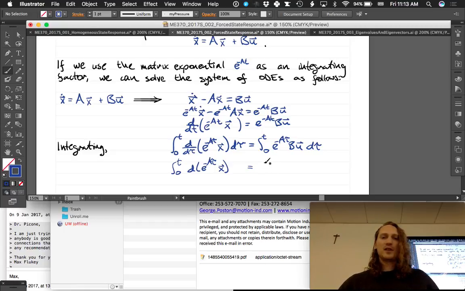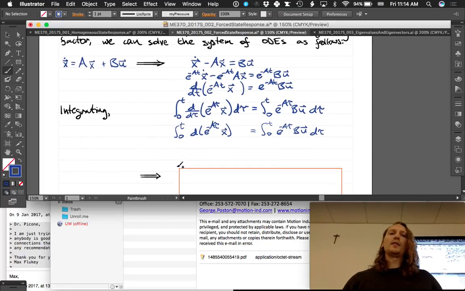We'll just leave this as the integral from 0 to t of e to the negative A tau B u d tau. So we'll evaluate the left-hand side, which is conveniently just e to the negative A tau x, evaluated at t and then subtract the evaluation at 0. So let's plug that in in this one step because we don't have infinite time.